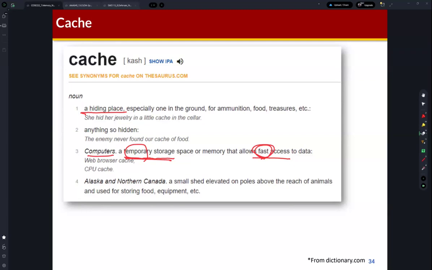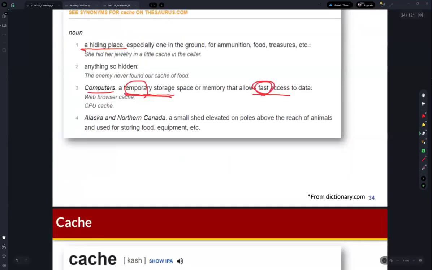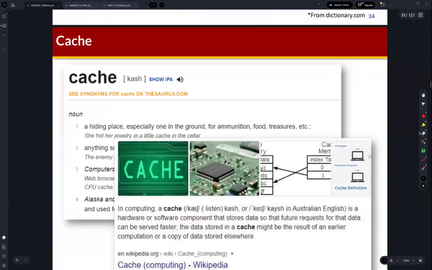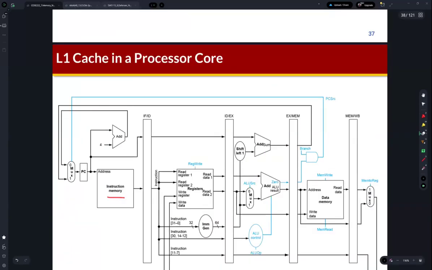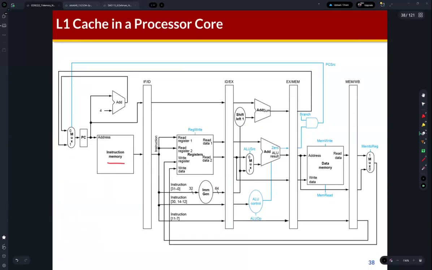We just assumed that it takes only one cycle to access the memory, but actually it's not true. We also learned that these memories, like instruction memory and data memory, are actually level 1 cache, right?